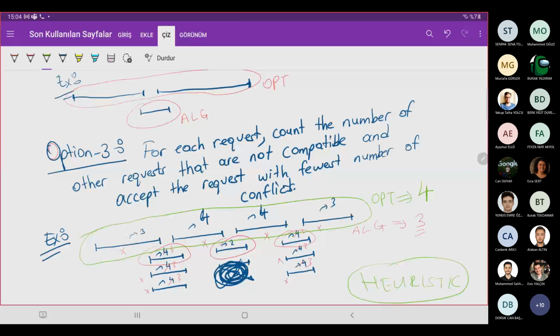And you usually show numerically, like by simulations, running it on many examples, etc. And you show that, okay, it doesn't always give me an optimum solution, but the solution that it gives is very good, okay?